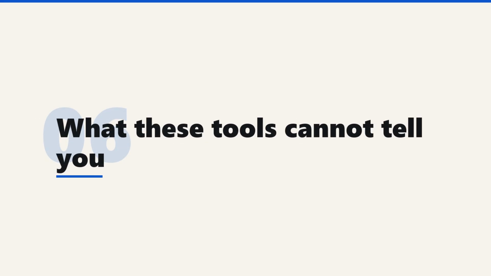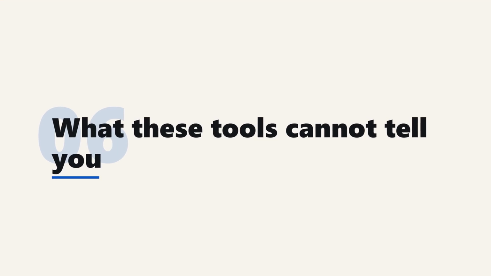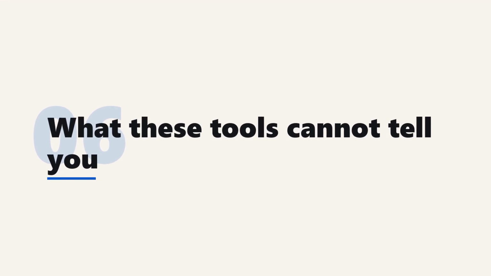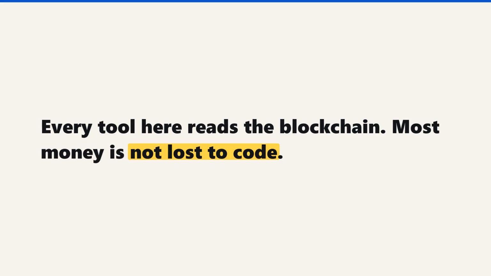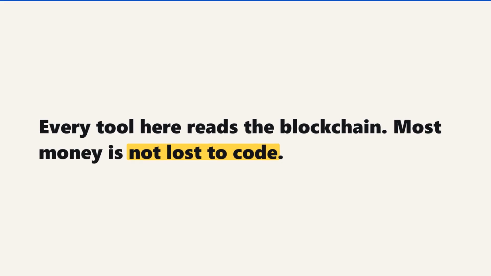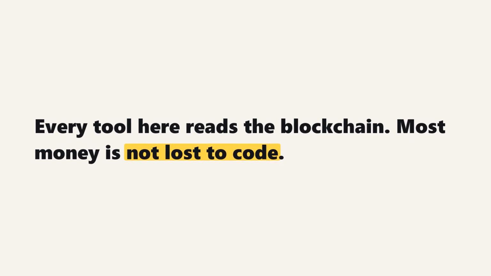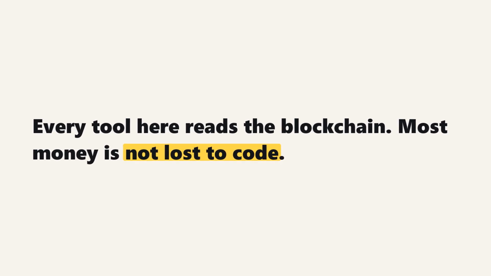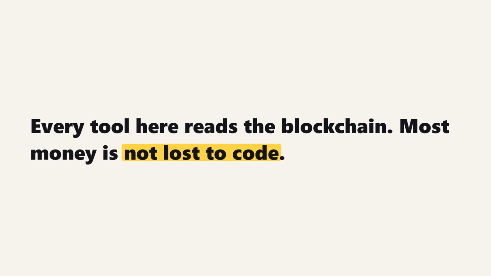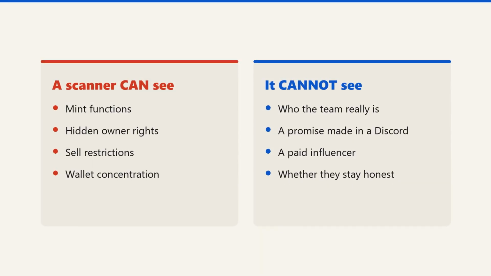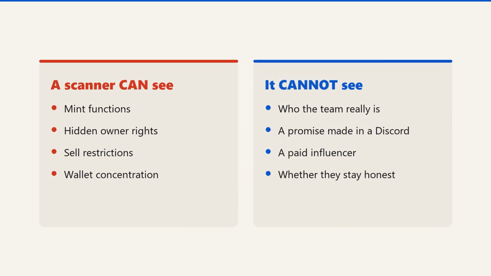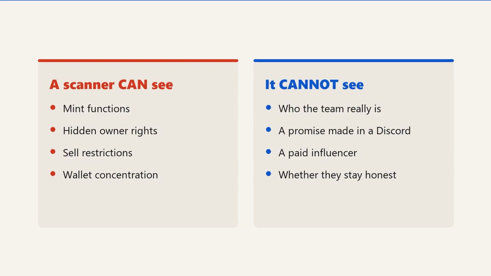Now the part that most guides leave out, and the part that actually protects you. Every tool in this video reads the blockchain. That means they can only see what is written in code. And most of the money lost in crypto is not lost to code. A scanner cannot tell you the team will still be here next month. It cannot tell you the anonymous developer is running 4 other projects.